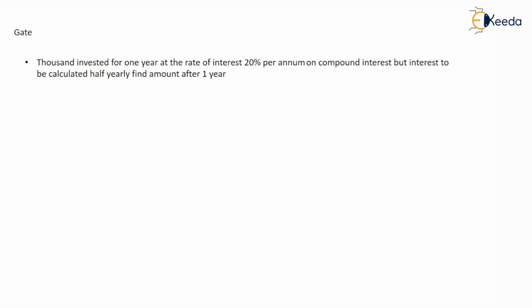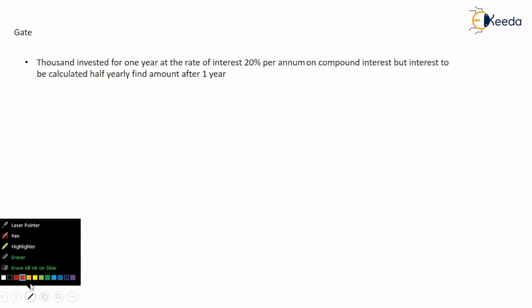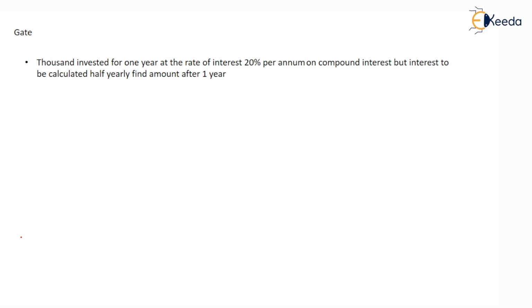Okay, now we are moving towards the GATE questions. Let's see the first question in front of you. 1000 is invested for 1 year at a rate of 20% per annum on compound interest, but the interest is to be calculated half yearly. Find the amount after 1 year.